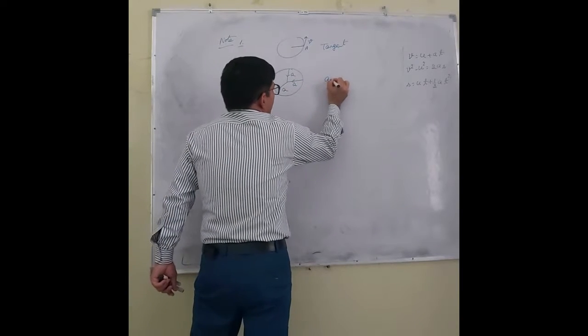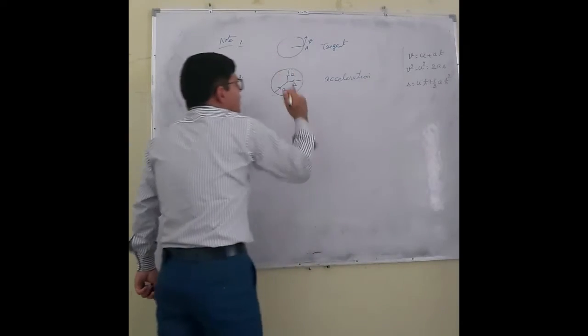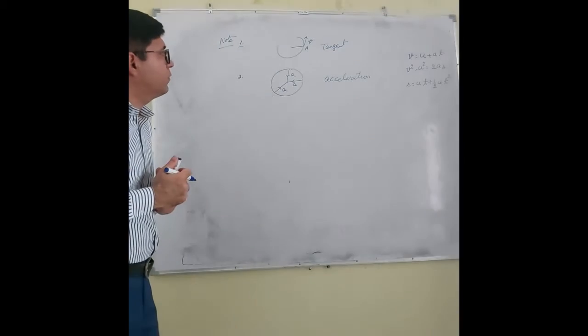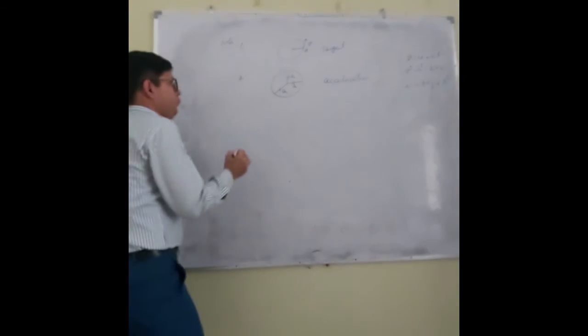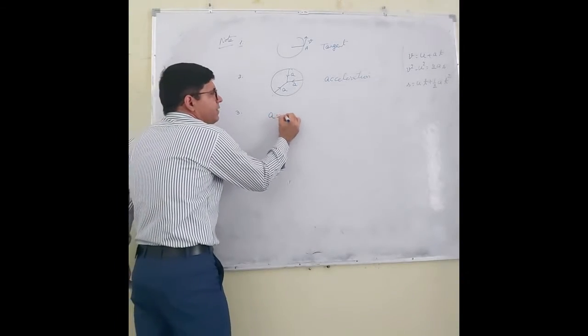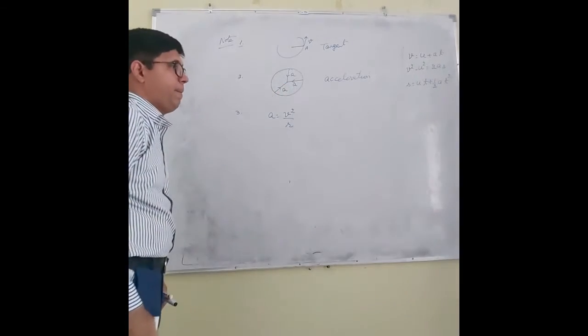The third point is that the centripetal acceleration formula is v square by r.